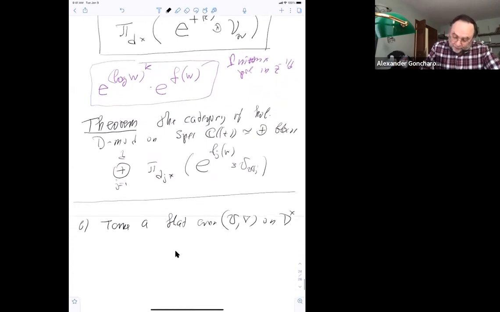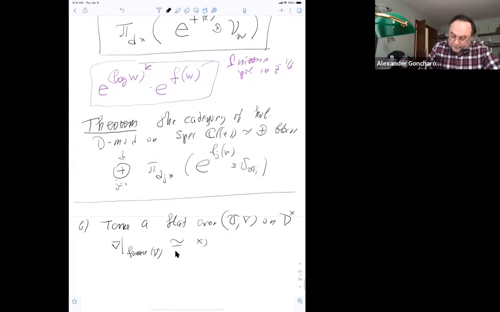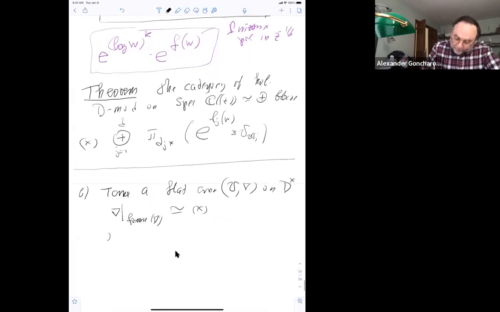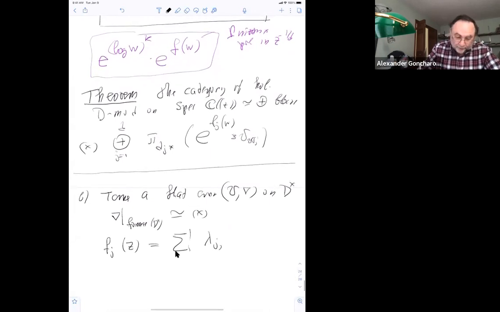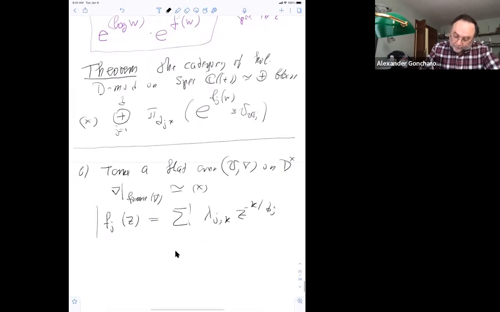And then we know that if you restrict to the formal puncture disk, then you have the direct sum which we have here. And then they come with a collection of these Puiseux polynomials, which you can just write as sum of lambda j k z to minus k divided by dj. All right. So those are the key players.